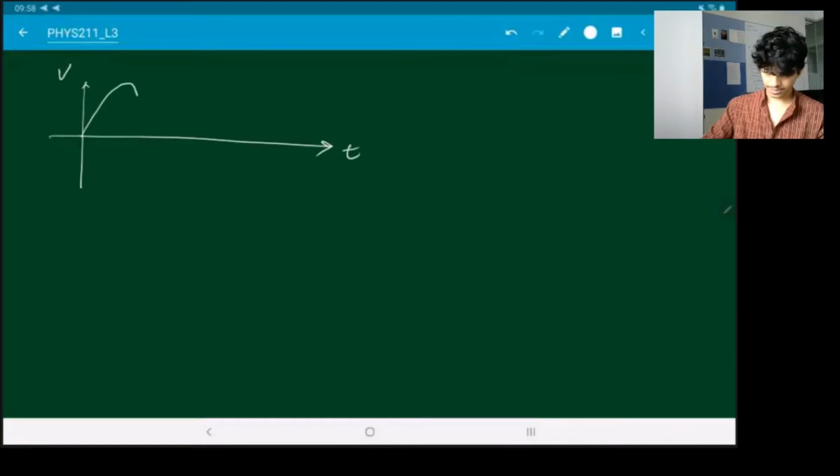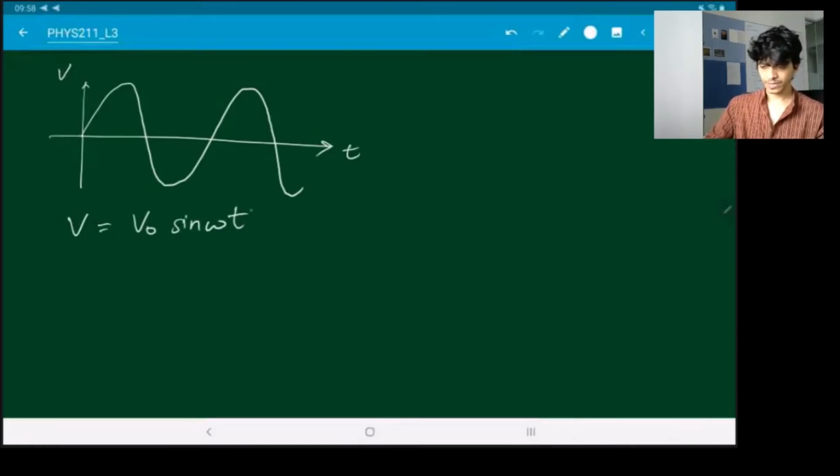Let's say it's a sine wave. So let's call this V is V0 sine omega t, where V0 of course is the amplitude of this wave. So this is plus V0, this is minus V0.